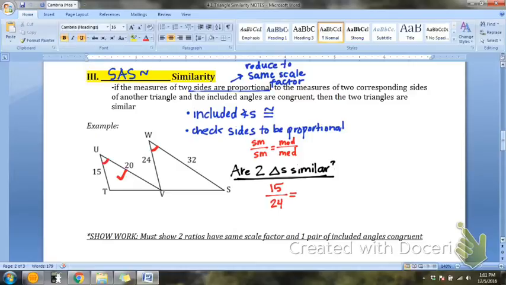Go back to the first triangle you were just talking about. 20 is the other side. And then 32. Make sure you pull from the same triangle. So on the top we pulled from triangle TUV. On the bottom we pulled from triangle VWS.